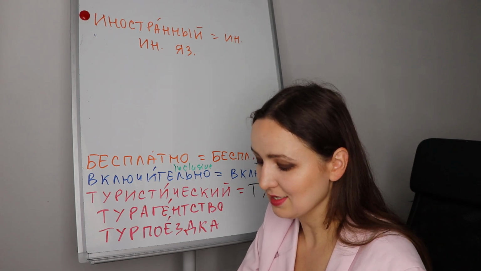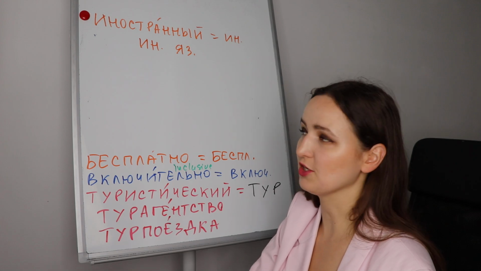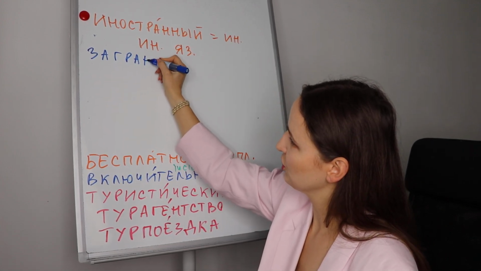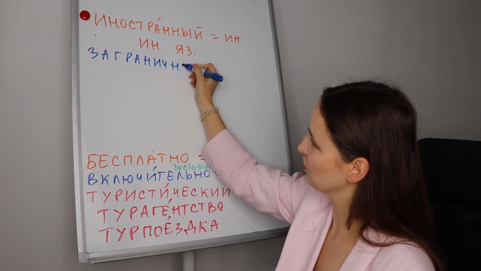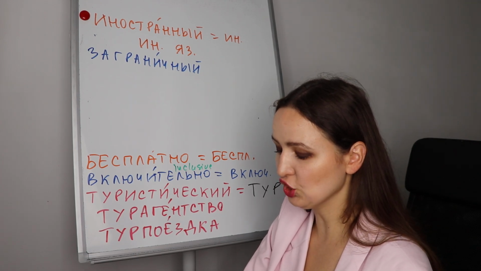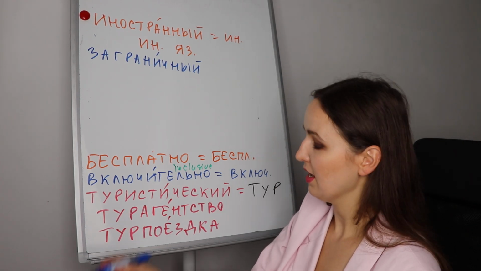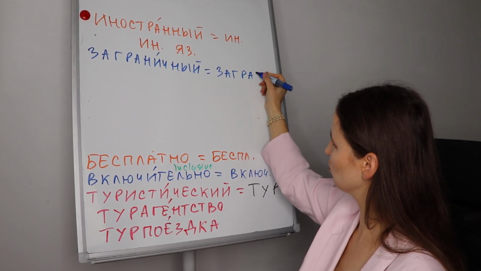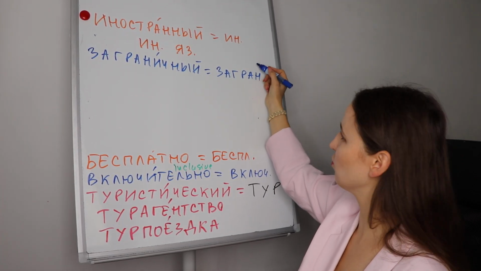Дальше is заграничный, international. Заграничный is international. And we abbreviate it as загран, and we connect it with other very interesting words.